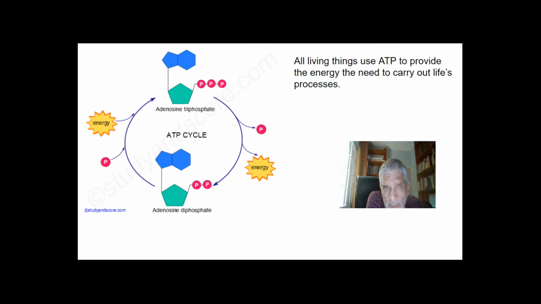The final phosphate molecule is highly energetic, and when it is hydrolyzed, it releases energy and forms adenosine diphosphate. But of course, this reaction is easily reversed, although it requires energy to reform ATP.